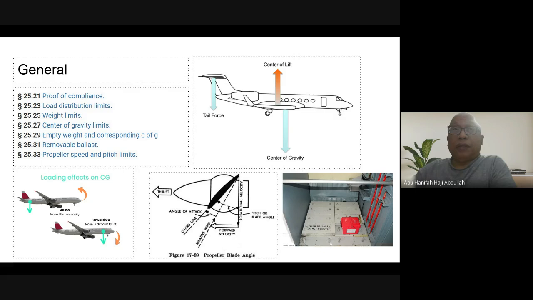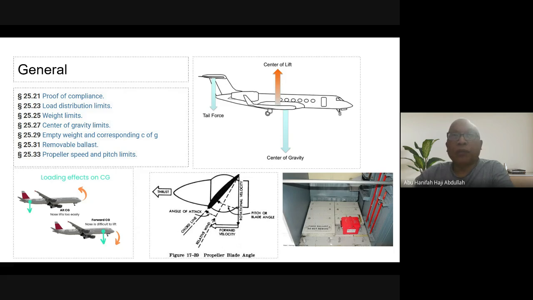So, 25.29. I will also show some examples if you do mod, you do repair, as well as new. If you're doing a new aircraft, for example, when I was doing the Eagle, we specified the maximum weight that we are designing the aircraft to, even though we may not fly at that weight or operate at that weight.